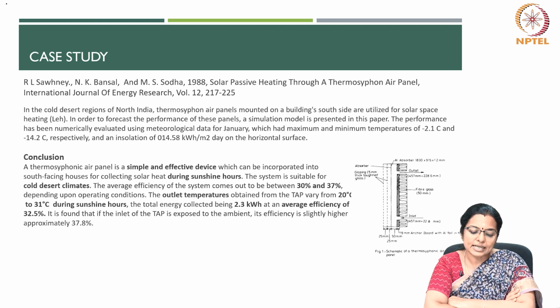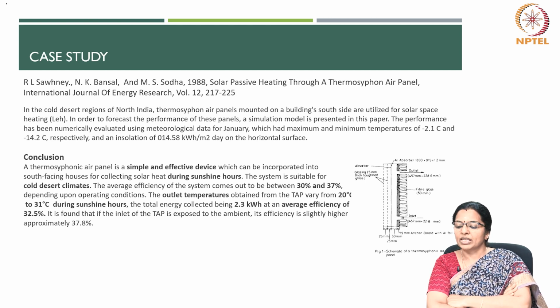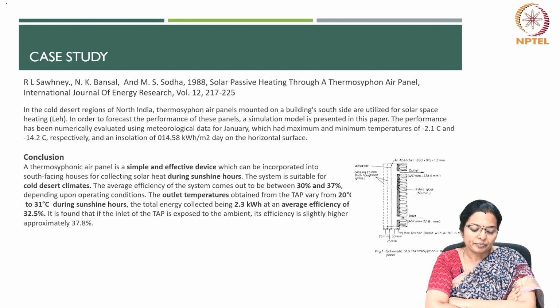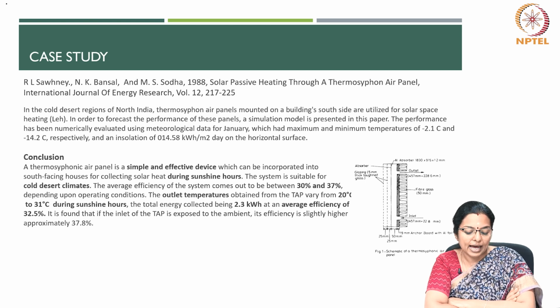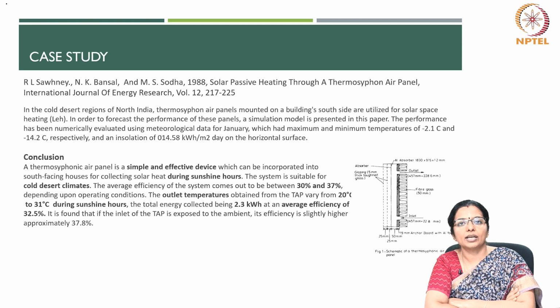The performance has been numerically evaluated, which has maximum and minimum temperature of minus 2.1 degrees centigrade to minus 14.2 degrees centigrade respectively. The study showed that a thermosiphonic air panel is a simple and effective device that can be incorporated into the south facing houses for collecting solar heat during sunshine hours.